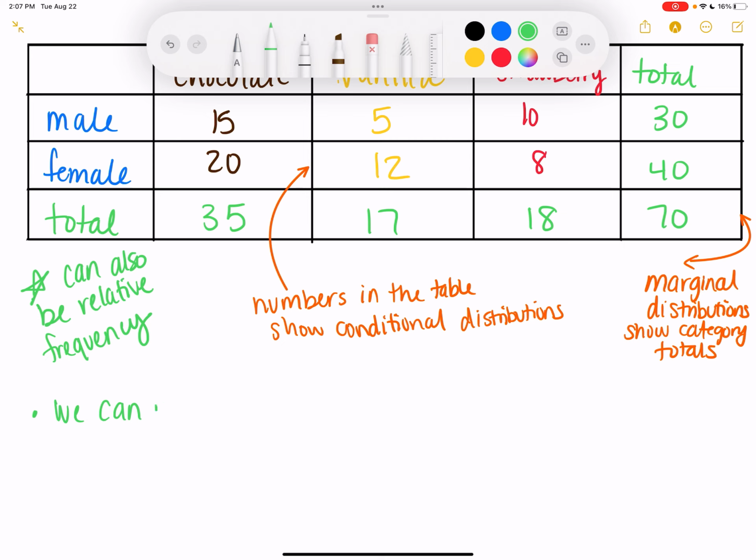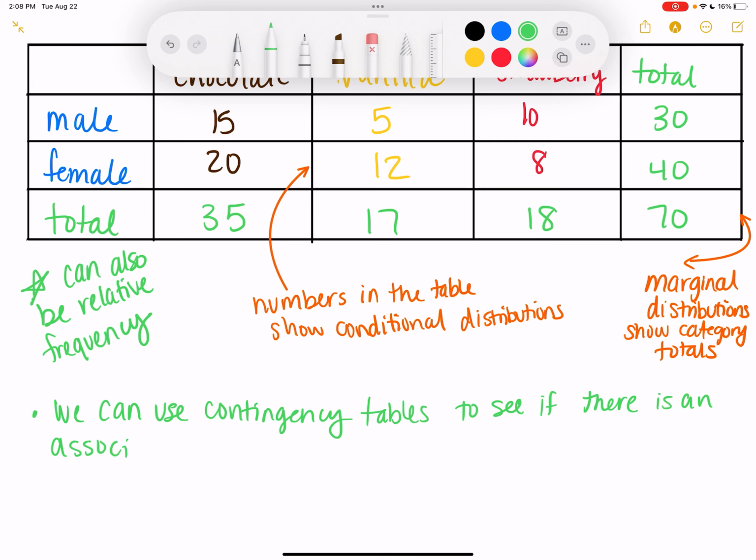We can use contingency tables to see if there is an association between variables or if they are independent.